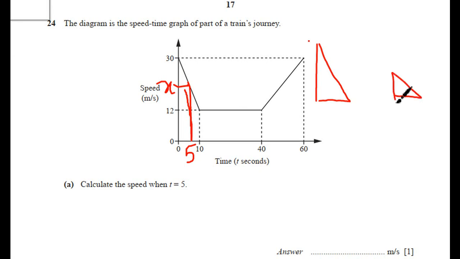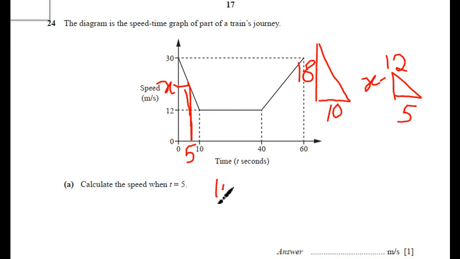So I'm going to make these triangles separately just for clarity. This whole length is 30 minus 12, which is 18. This whole length is 10 minus 0, which is 10. This whole length is x minus 12, and then this length will be 10 minus 5, which is 5.